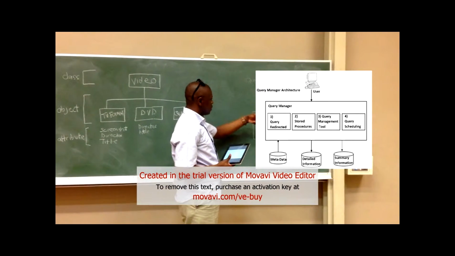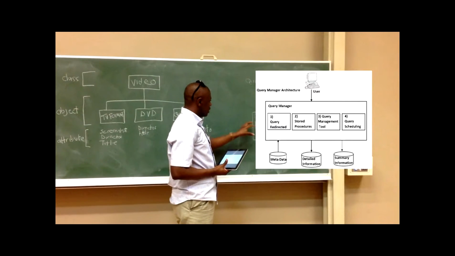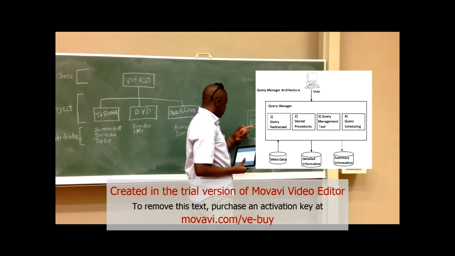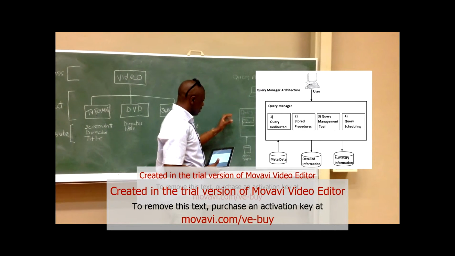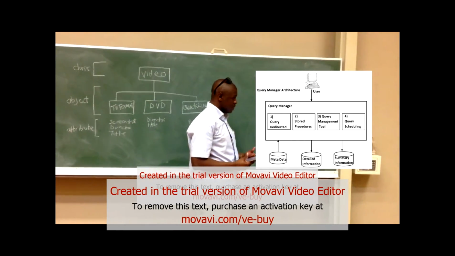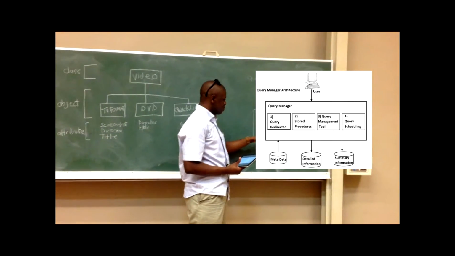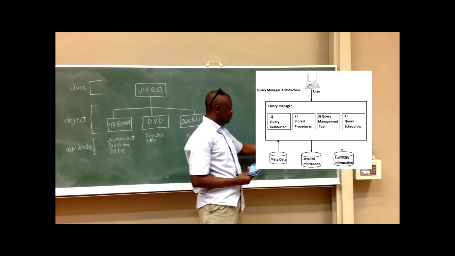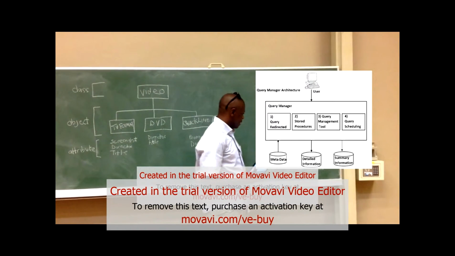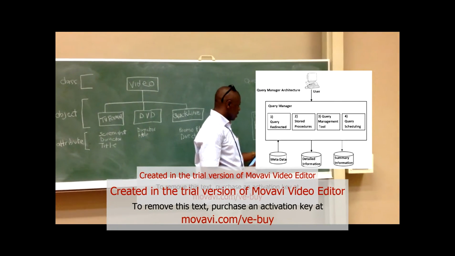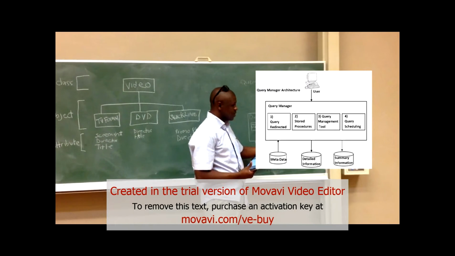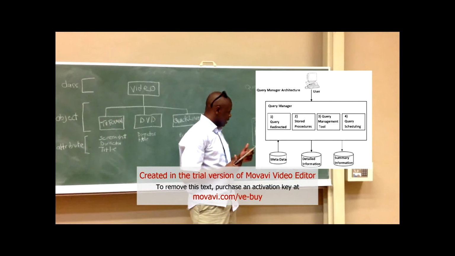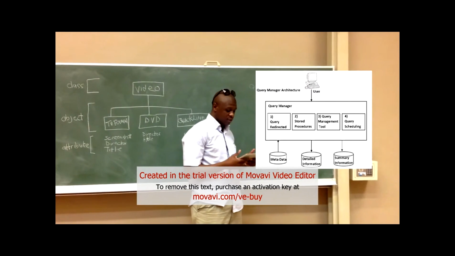We have the user which interacts with the query manager, and this is an ongoing process where firstly the query is redirected, and then it goes into the metadata, which then feeds back into the stored procedures, and that process then carries on and goes into the query management tool, which will give us detailed information, and after that it goes to the query scheduling, which basically manages when each query will be handed back to us, and from that we will get summary information.